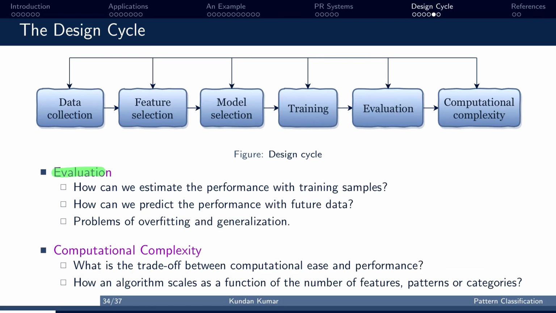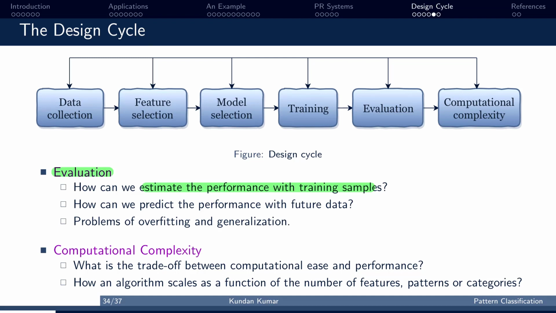Then evaluation. We have to estimate the performance with the test samples. We can estimate the accuracy or performance of the model using the test data samples.